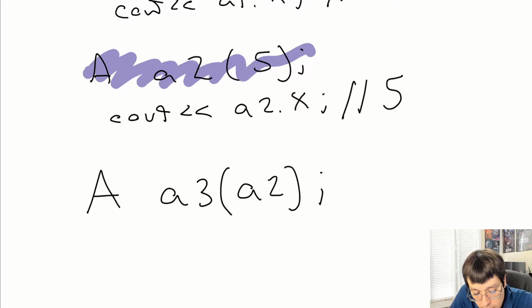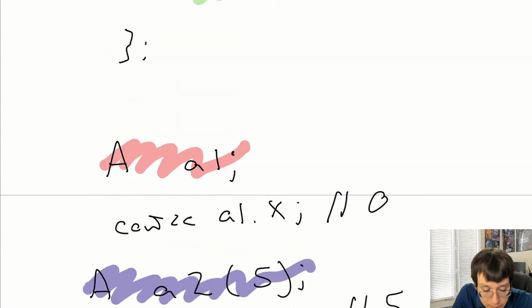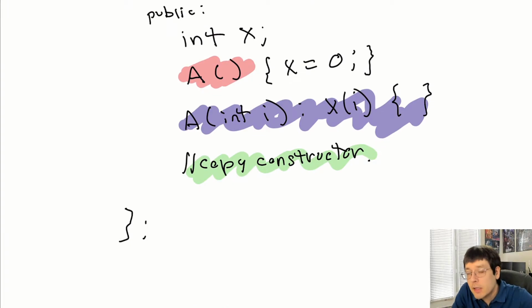So the idea here is we want to copy the contents. Now, if you do this without writing a copy constructor, kind of like the default constructor, if you don't have one, you get one anyways. It's just like, in this case, who knows what's going to be put in x.